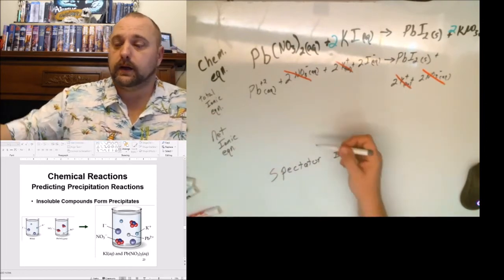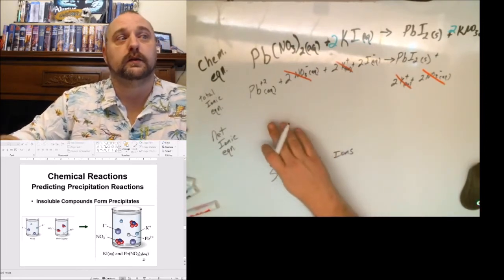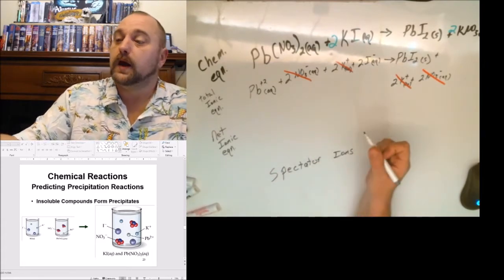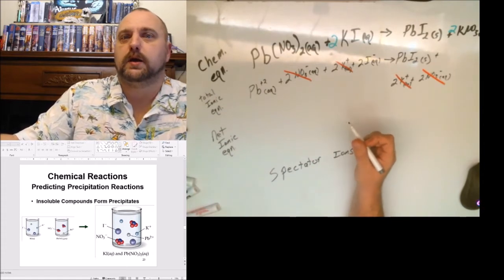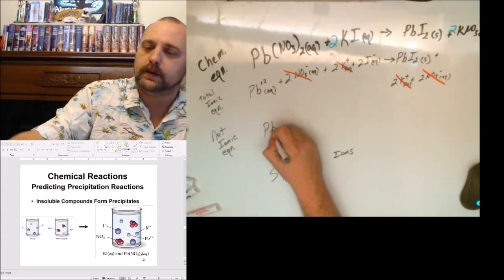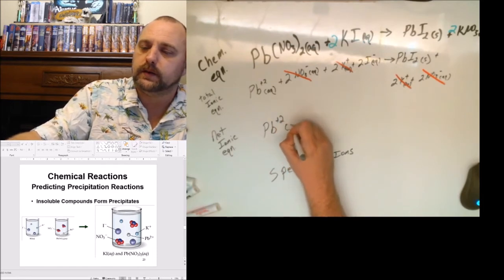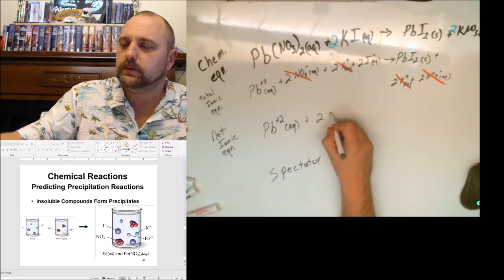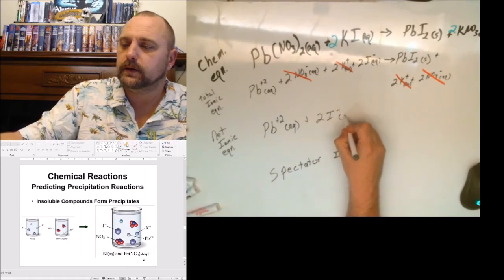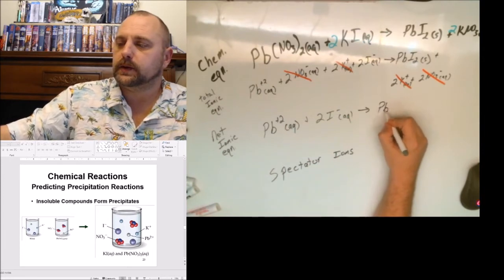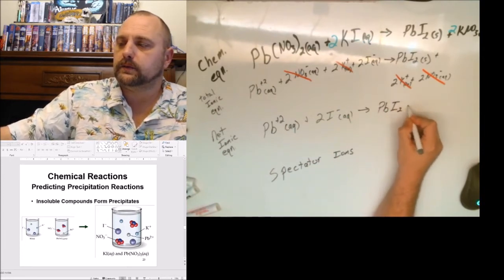So the net ionic equation is the total ionic equation where you just get rid of any spectator ions. They're there to watch the game. They don't participate. Alright? So Pb 2 plus aqueous plus 2 iodides aqueous goes to PbI2 solid.